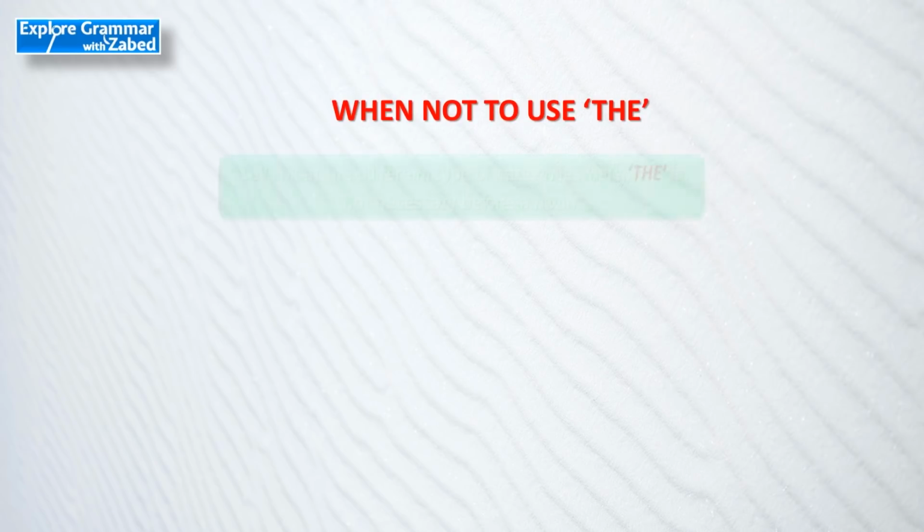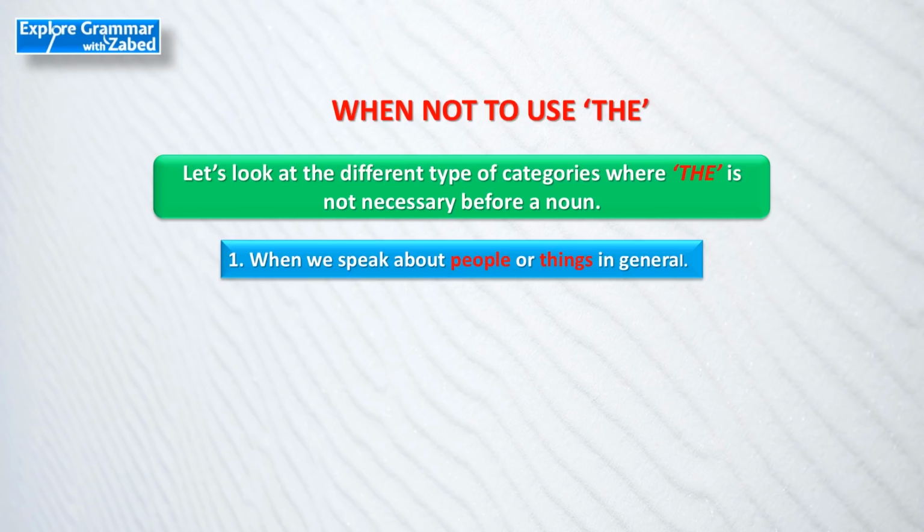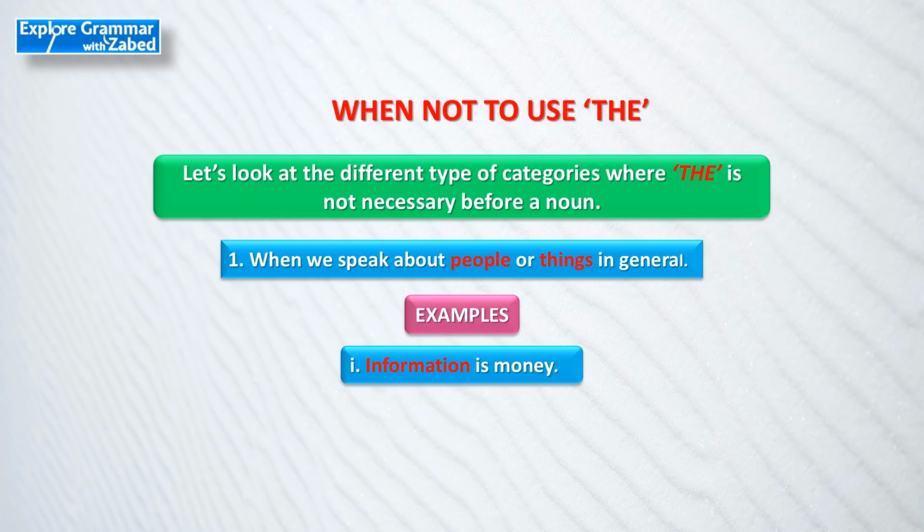Now, let's look at the different categories where the is not necessary before a noun. First one is we must not use article the when we speak about people or things in general. For example, information is money, opticians prescribe glasses.